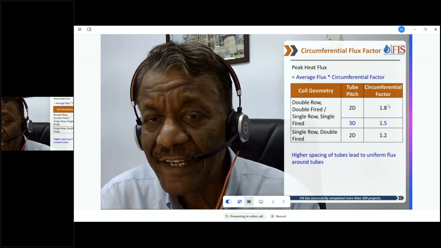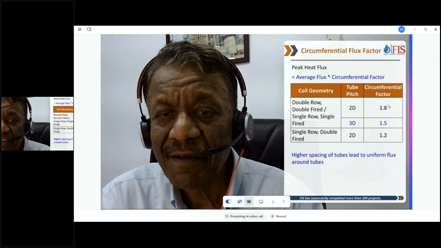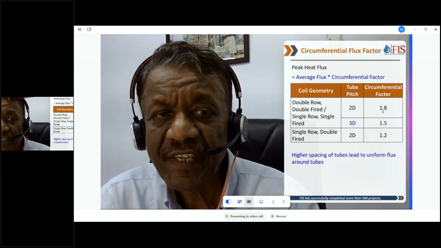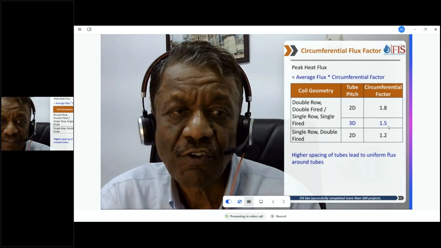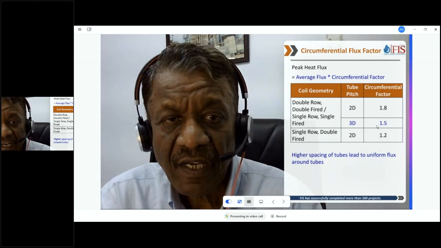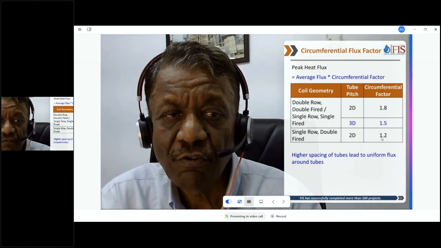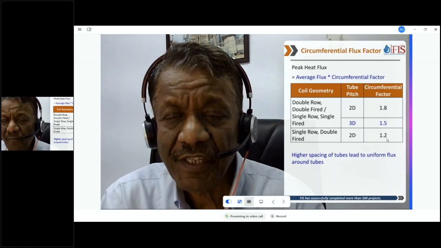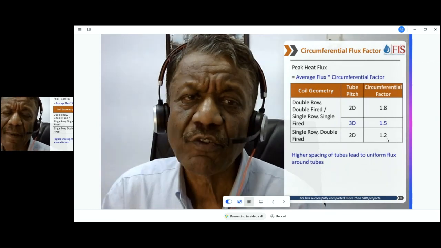That means the maximum flux is 1.8 times the average flux. If we increase the spacing to 3D, it goes down to 1.5. And if we do double firing from both sides, then it goes down to 1.2.